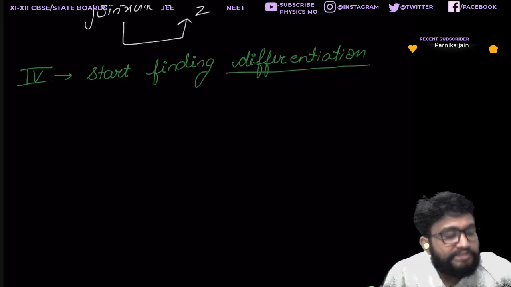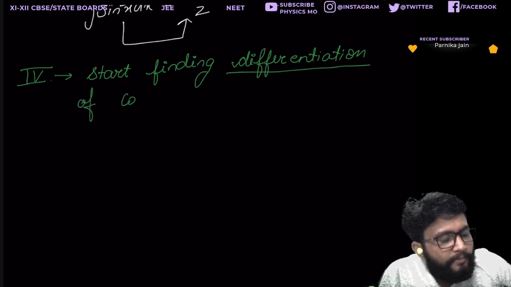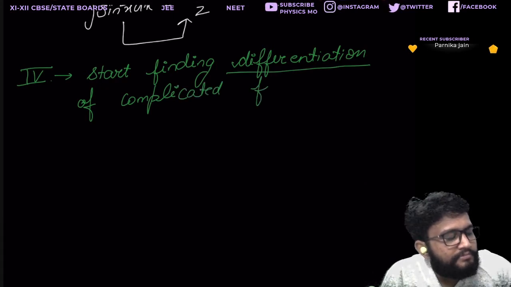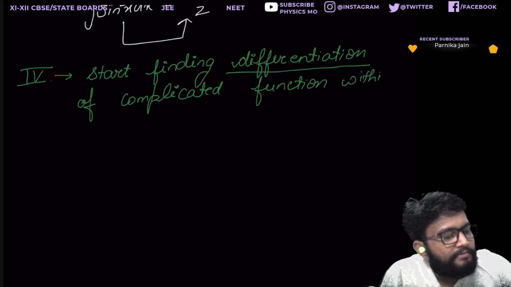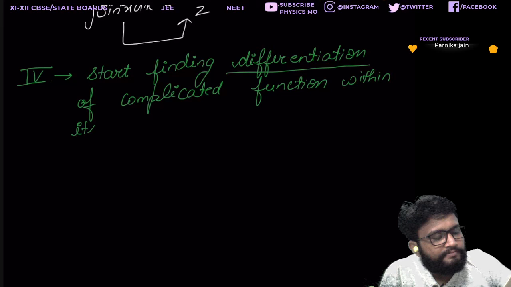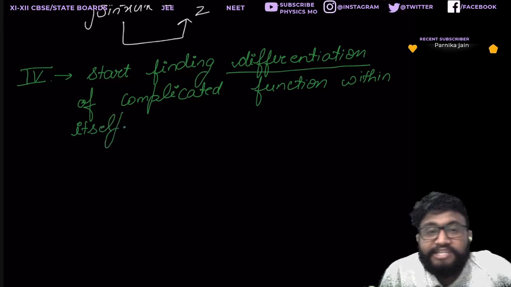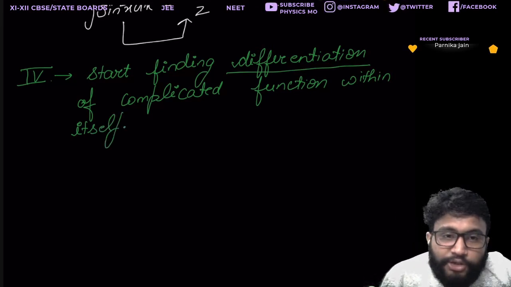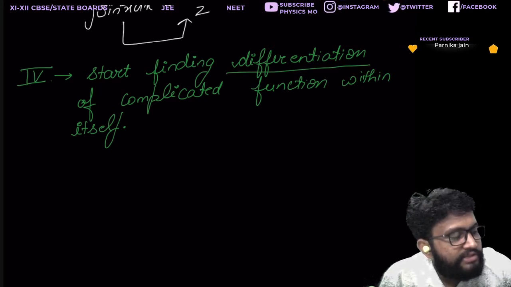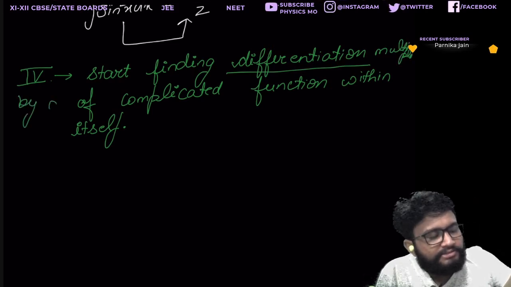Start finding differentiation of complicated function within itself. Find some such function from within it. Start finding differentiation multiplied by dx.